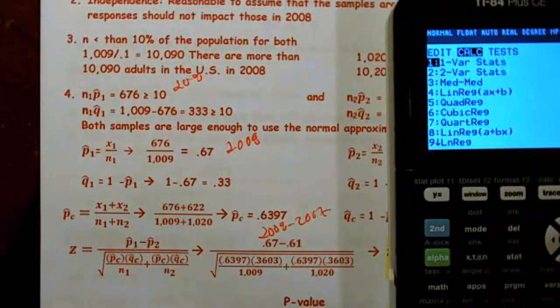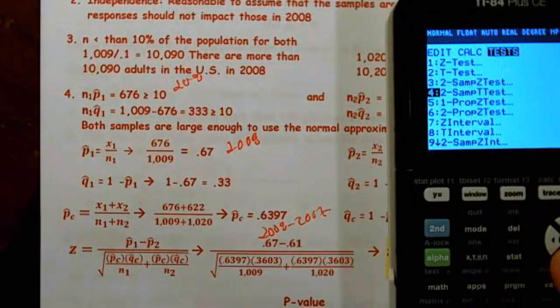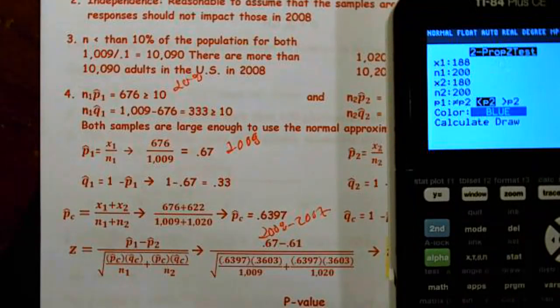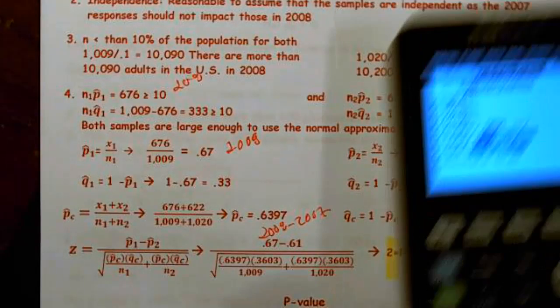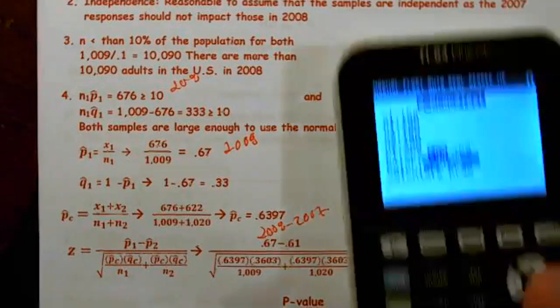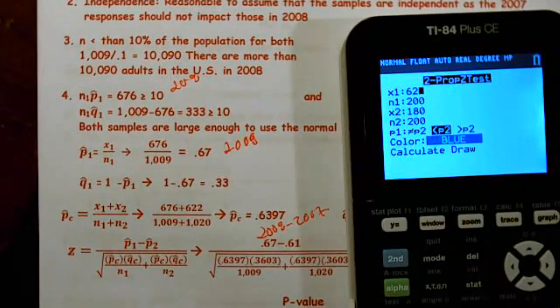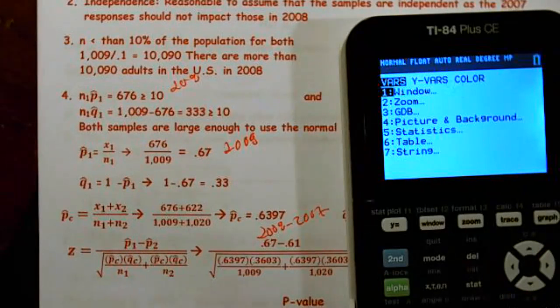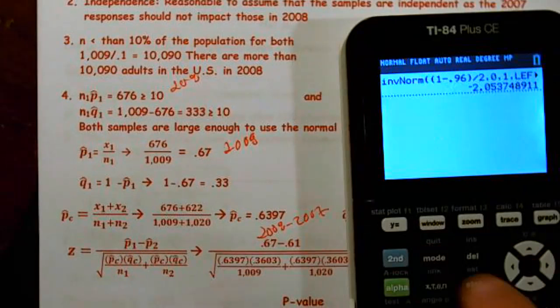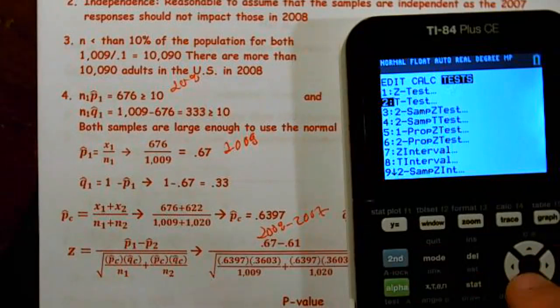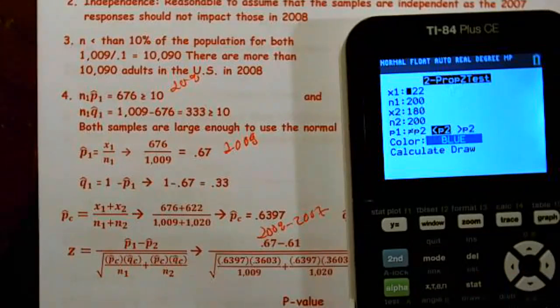So stats, test. It is a two proportion z-test. We had 622 out of 1,020, and we also had 676 over 1,009.